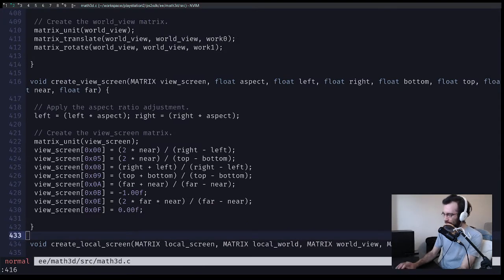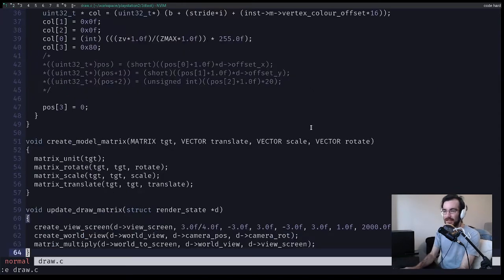Hold on, let me just pull up a cheeky little repo off camera that I've worked on. Oh no, hold on, I've actually got this in the repo.